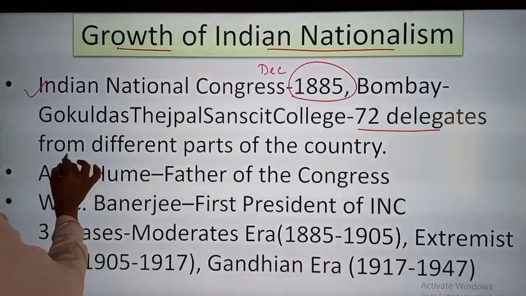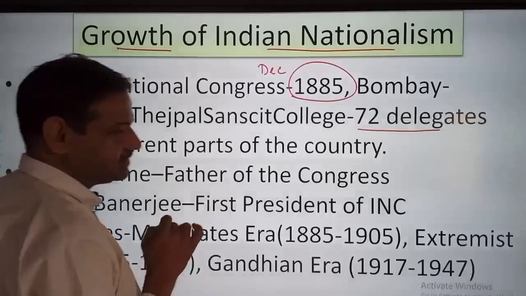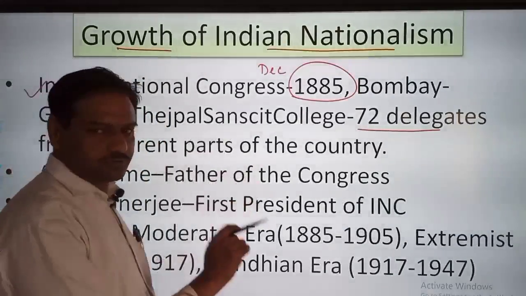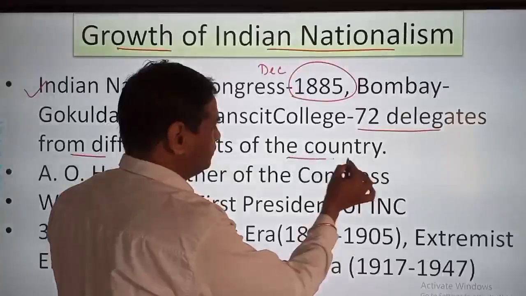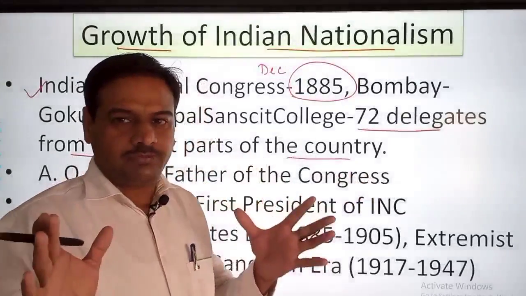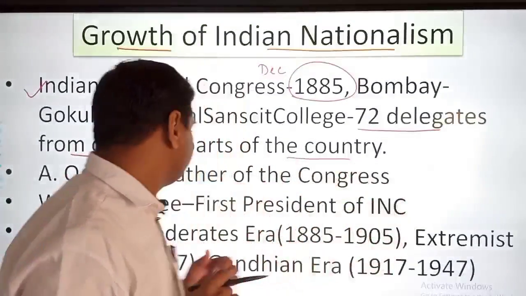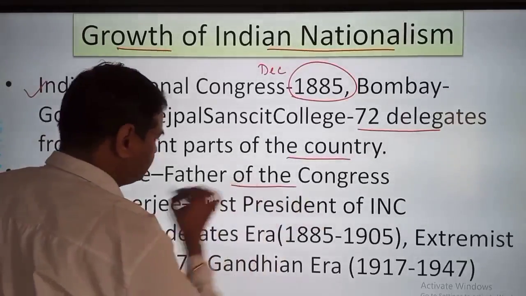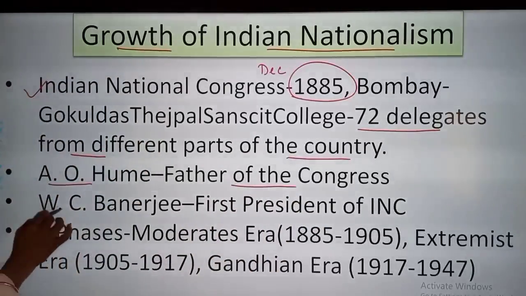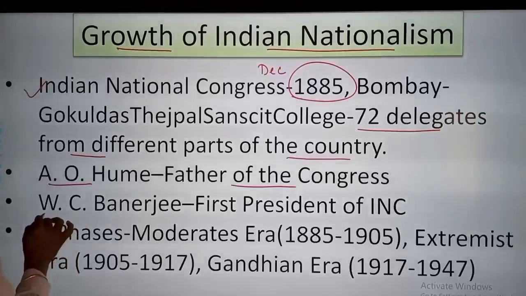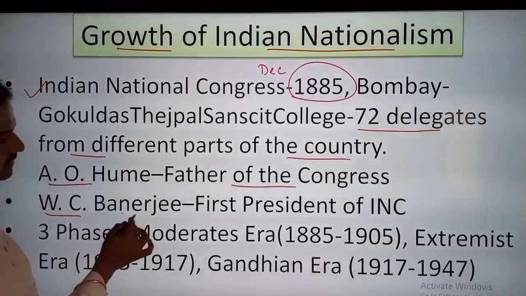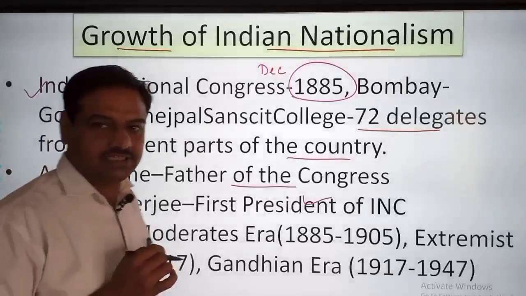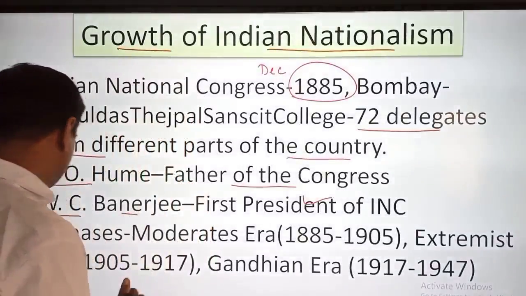The 72 leaders in the first session of the Congress were from different parts of the country, so it was a group of people of diverse background. A.O. Hume is called the father of Congress. W.C. Banerjee was the first president of the INC session in 1885.